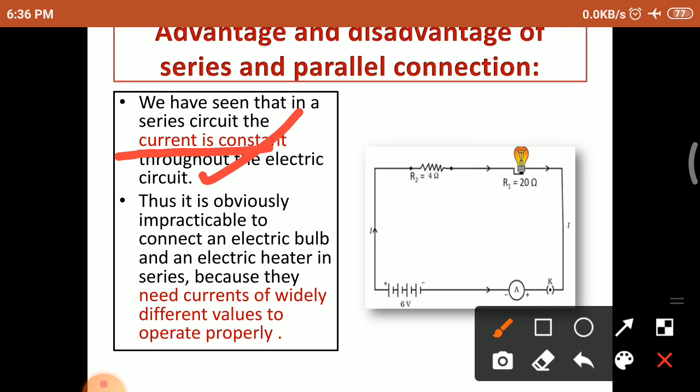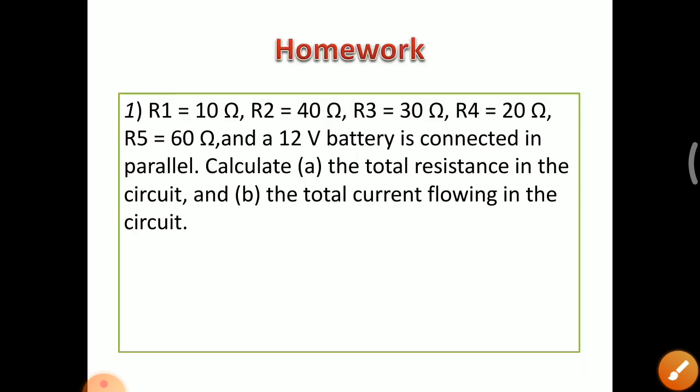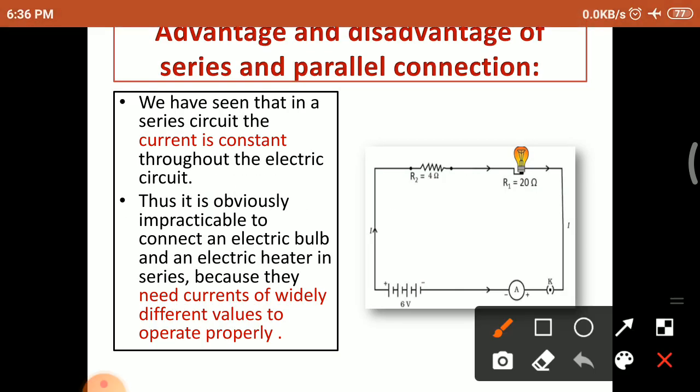So it is impracticable to connect an electric bulb and an electric heater in series because they need currents of wildly different values to operate properly. In a series combination, the current is the same in all the resistors.